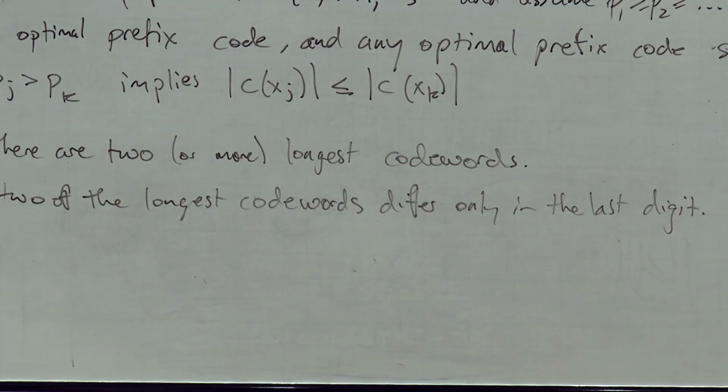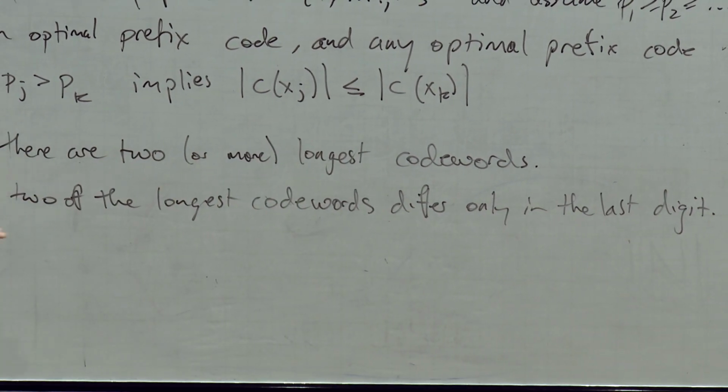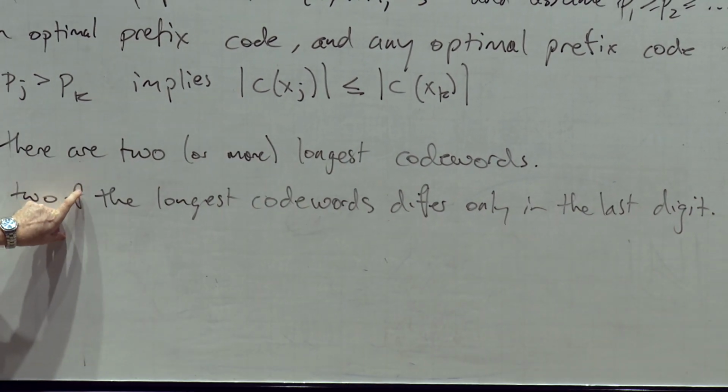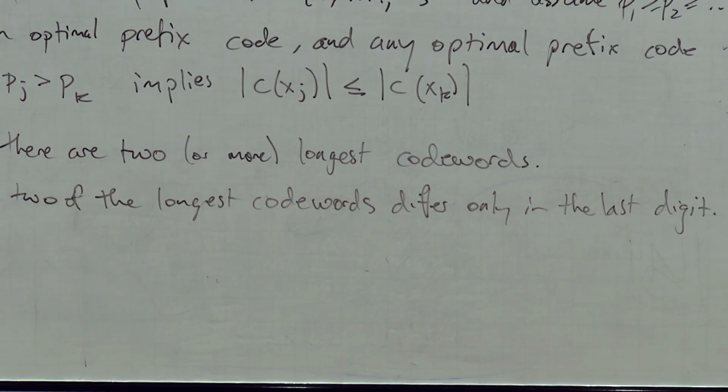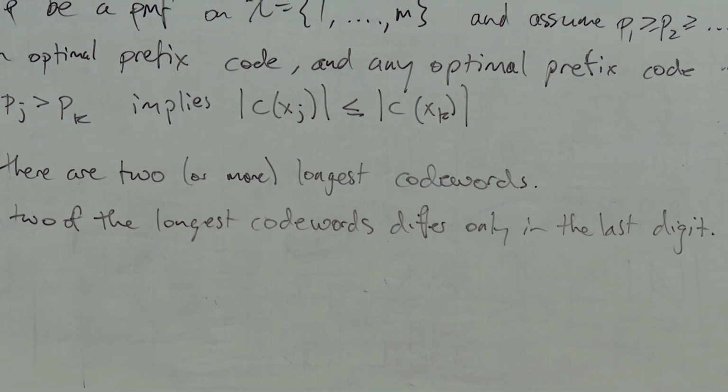And we call a code satisfying this a canonical code. So this last statement is really saying each longest code word comes with a partner, and its partner and it only differ in the last place.